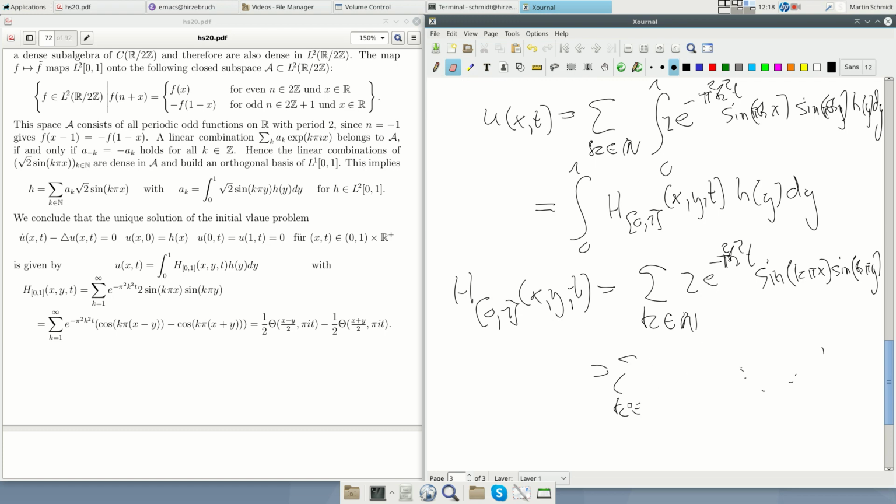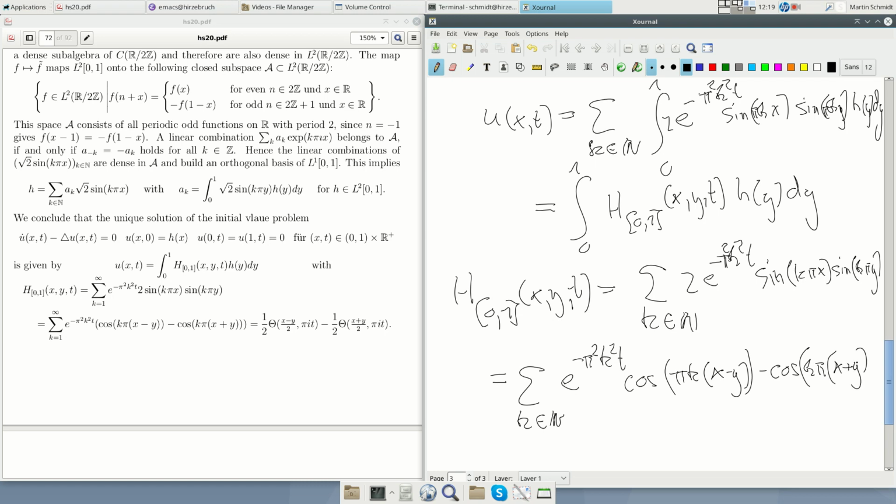Maybe I write it. I need more space. So this is the sum over k in the natural numbers of exponential of minus pi squared k squared t, times cosine of k pi times (x minus y), minus cosine of k pi times (x plus y).